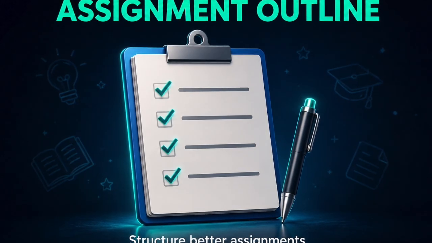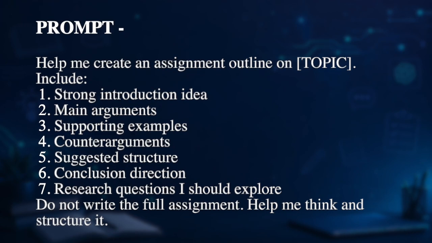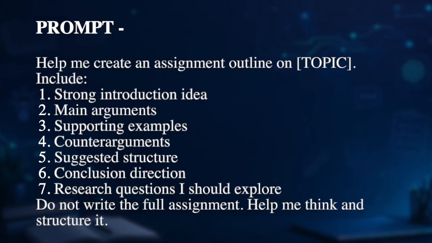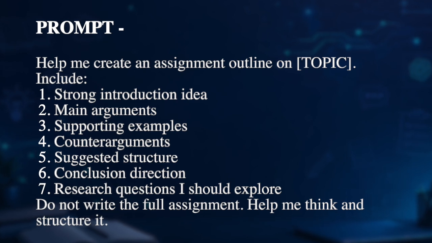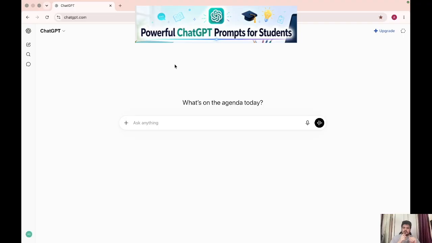So here's a sample prompt that you can use. Help me create an assignment outline on this topic. Include number 1, strong introduction idea, main arguments, supporting examples, counter arguments, suggested structure, conclusion direction, research questions I should explore. Do not write the full assignment. Help me think and structure it. So let's try this prompt and see how it responds.